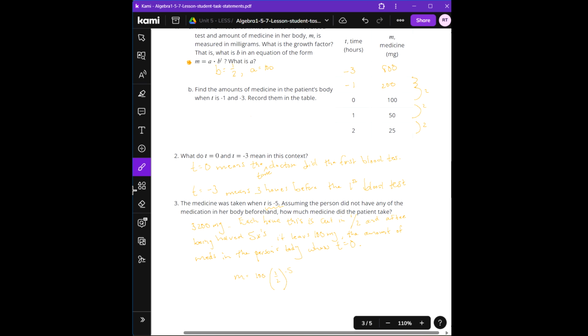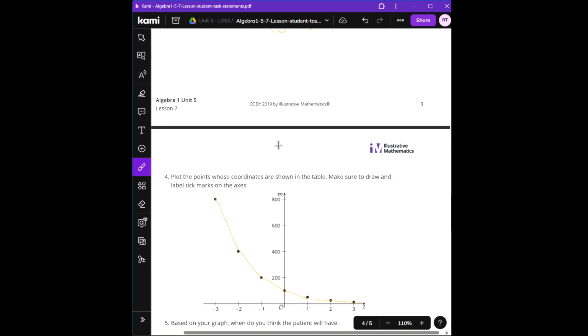When you have a negative exponent, remember we're going to change the position of our base. So it's going to be 100 times 2 to the 5th, and when you do this, it's going to end up being 3,200. And so that's how we're going to get the answer to that.